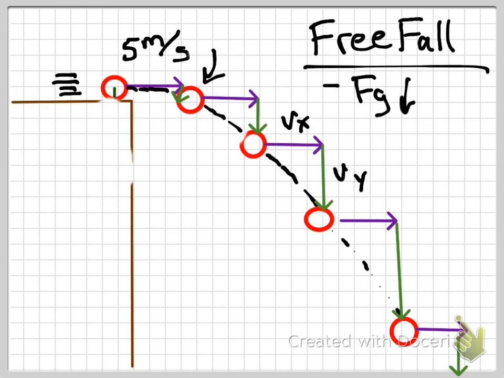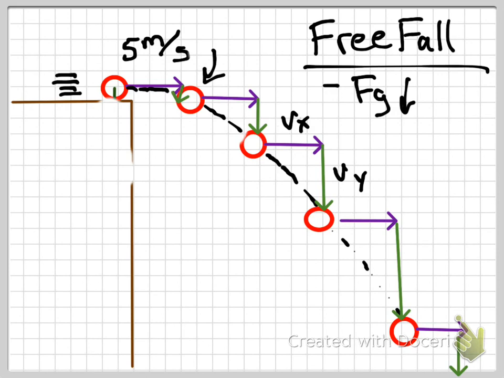So your Vy, your vertical velocity, will be constantly accelerated, or decelerated if it were moving upwards, by gravity. But whatever your x velocity was, it'll stay the same as long as there's no air resistance.